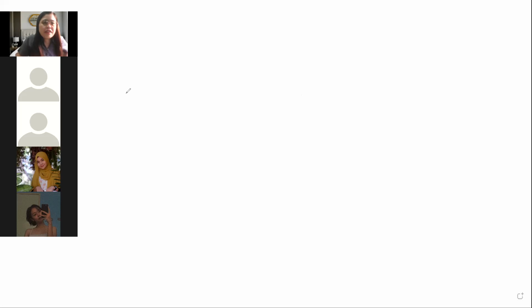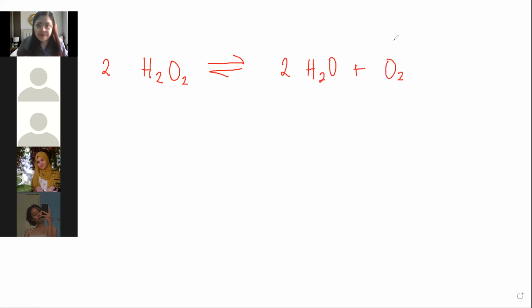Okay, this one is another example of a disproportionation reaction. We have here the decomposition, sorry. Ayan. Sige. Ayan, decomposition of hydrogen peroxide into 2 molecules of water plus the oxygen gas.